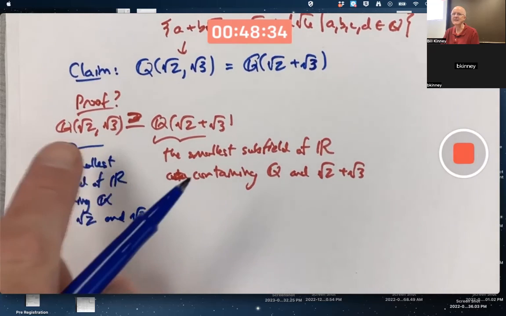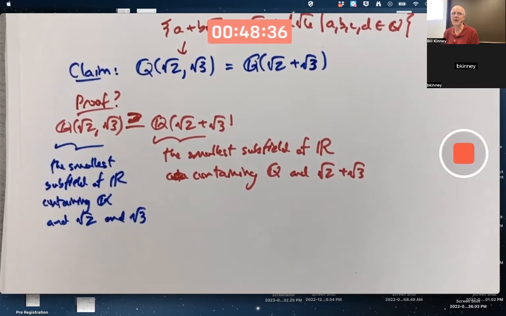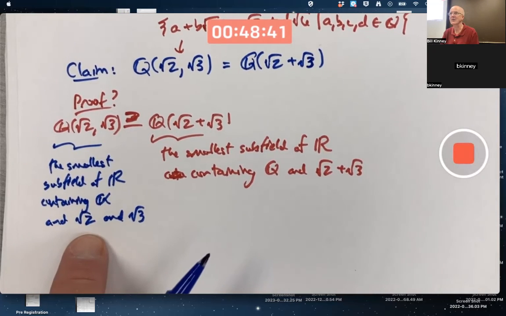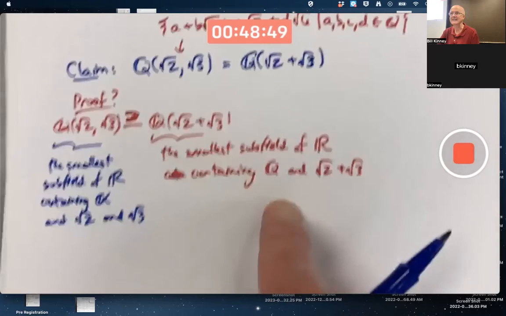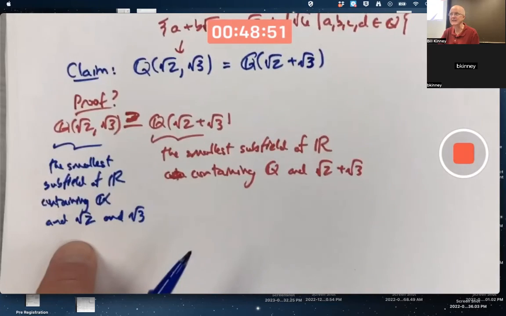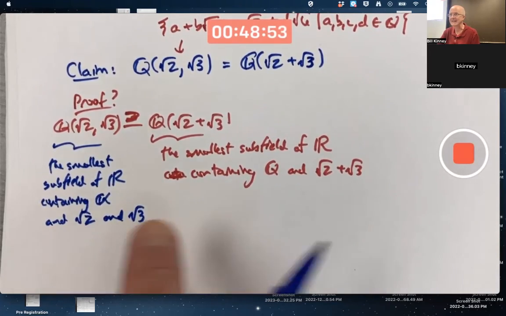Since this thing is a field, it's closed under addition. Since it contains square root of 2 and square root of 3, it therefore also contains square root of 2 plus square root of 3. That's the smallest one. Therefore, this must contain this.